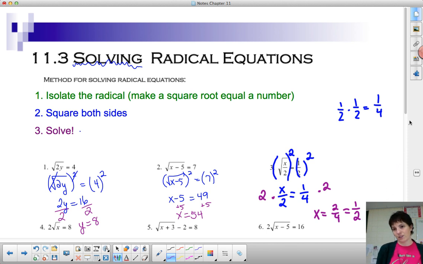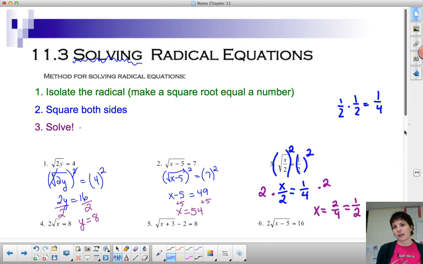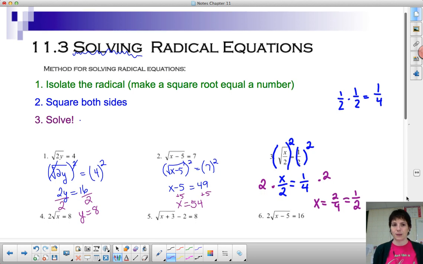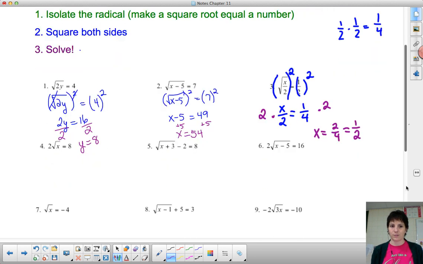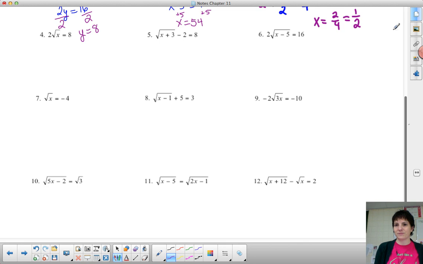Now when you go down to the next row, that's when we start getting into the steps where we have to do that first piece, where you have to isolate the radical. When we isolate a radical, remember that if it's a simplified radical, which they are going to be because they have x's in them, then we can treat it like a variable.